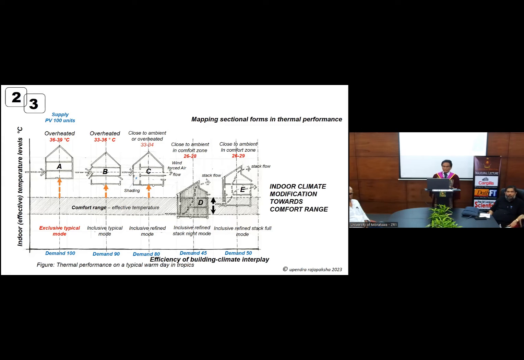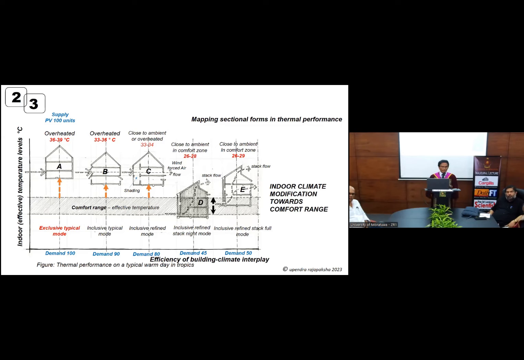So the next one is D. D is completely designed for night ventilation. It's a new thing for us: buildings designed for night ventilation. When you design buildings for night ventilation, it removes all the heat and cools the entire structure. For example, if you use concrete or high thermal mass, it gets cooled throughout the night.